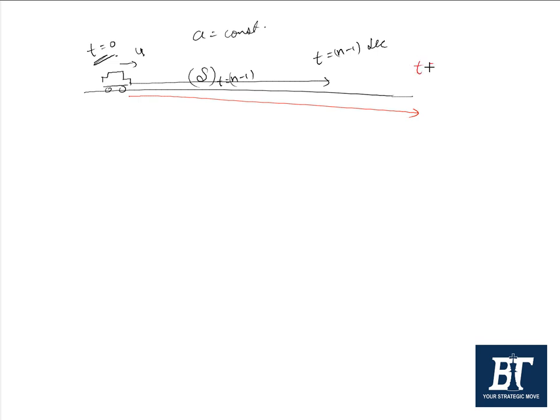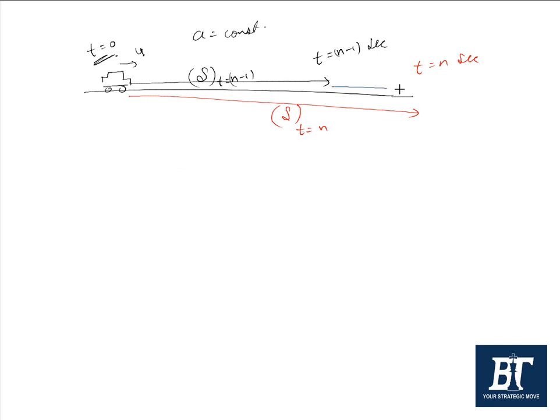So if a body is starting with initial velocity u and acceleration of this body is constant, then in time t is equal to n minus 1 seconds, it will cover a displacement, and value of time in the expression of displacement will be n minus 1. In n seconds, it will cover a displacement equal to s at time t is equal to n.